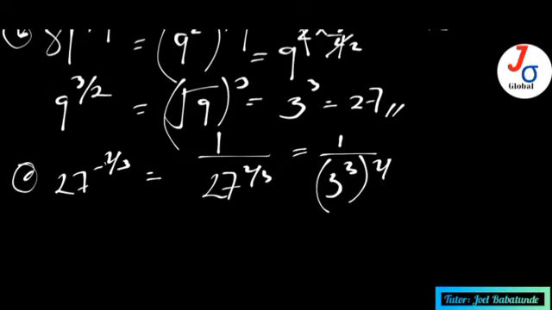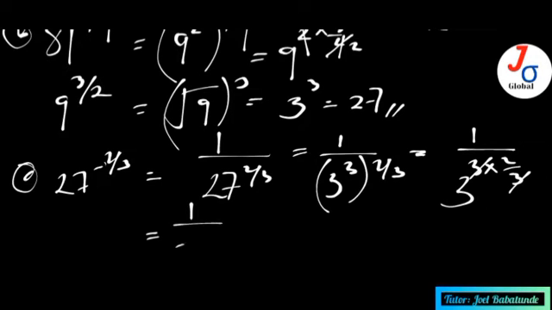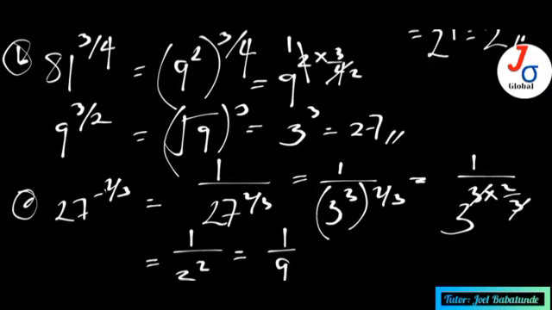Then 2/3. And so I have 1 over 3 raised to the power of 3 multiplied by 2/3. And so 3 can cancel out 3, and that gives us 1 over 3 squared. And 3 squared is 9. That's 1/9.